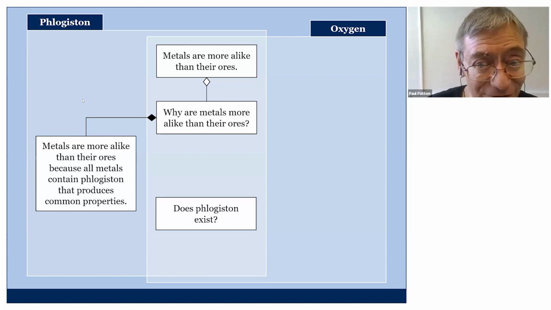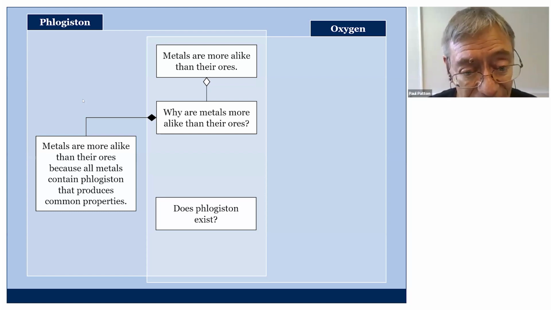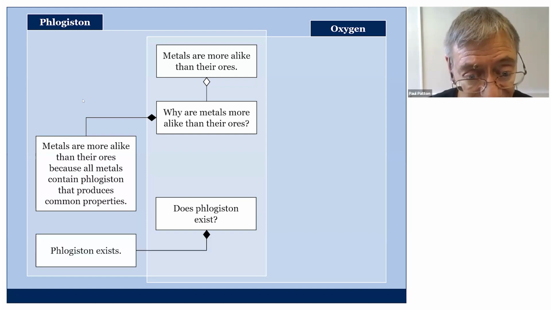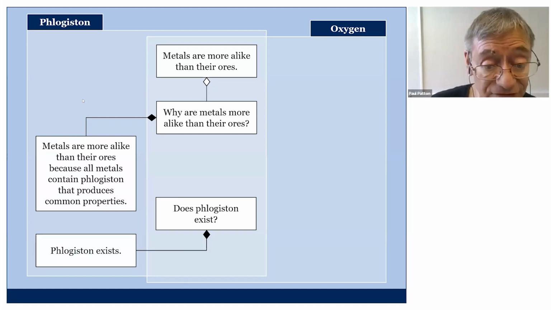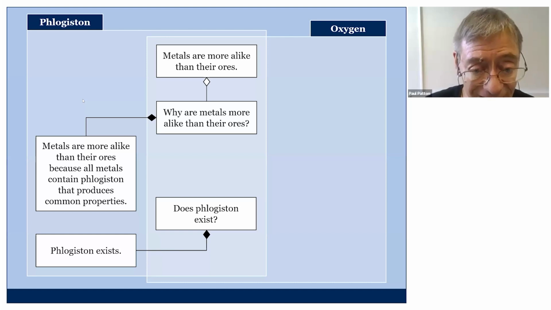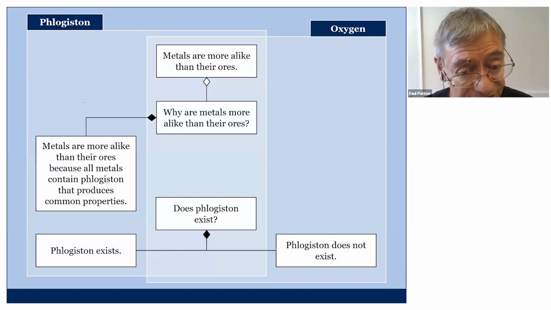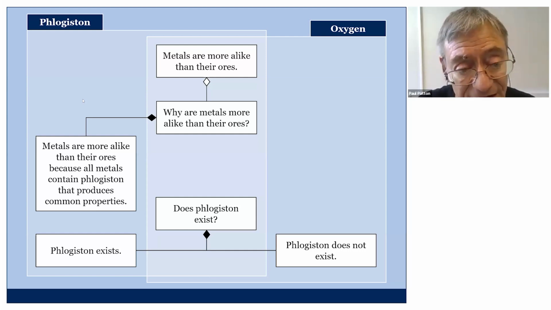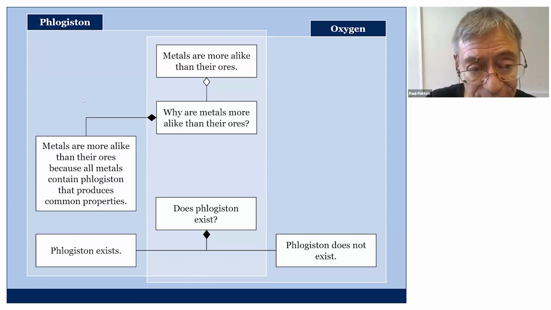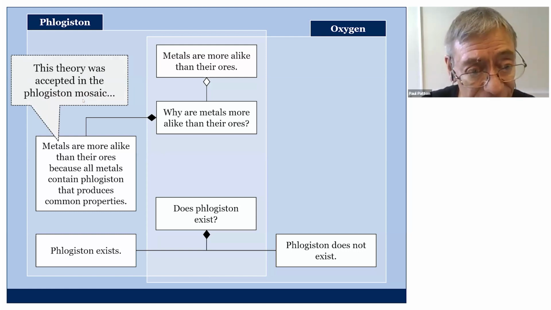Now, there's another question that both of them accept as relevant. Does phlogiston exist? The answer of phlogiston theorists is that the substance phlogiston does exist, and the answer that oxygen theorists would give is that phlogiston does not exist. Now, notice that this theory, phlogiston does not exist, is incompatible with the idea of using phlogiston to explain the difference between metals and their ores.